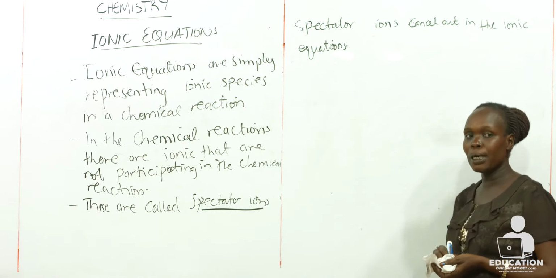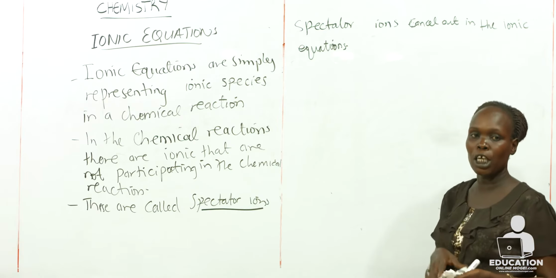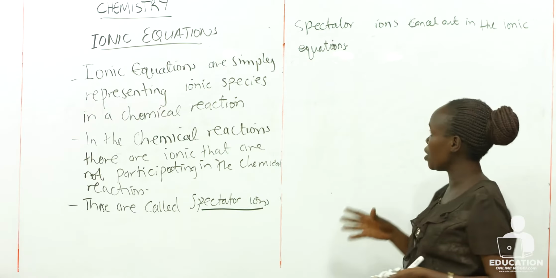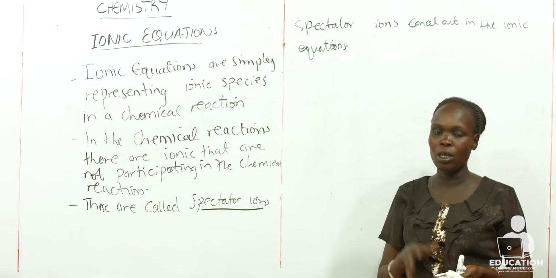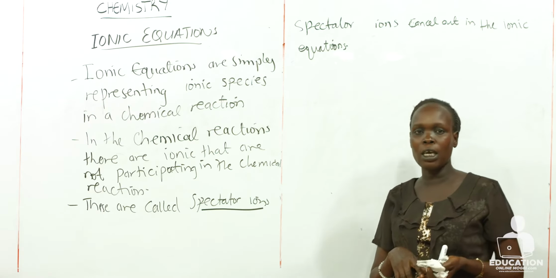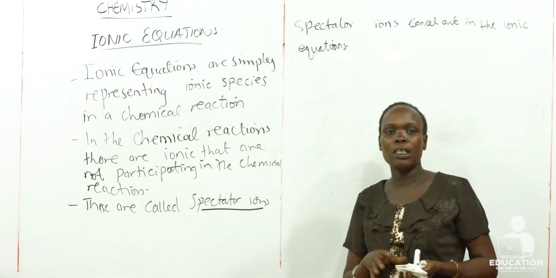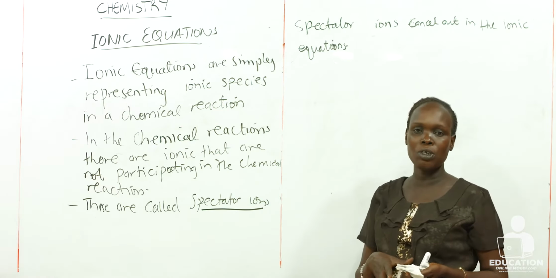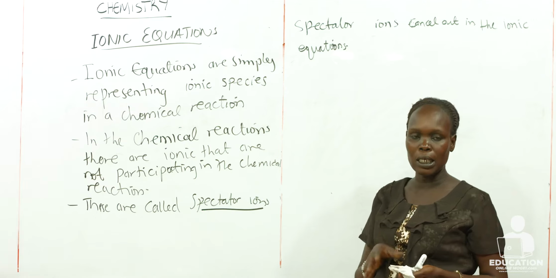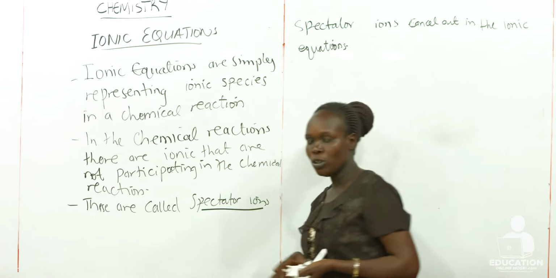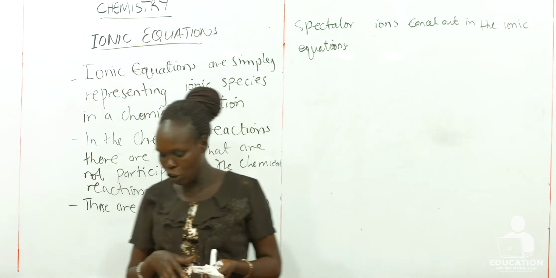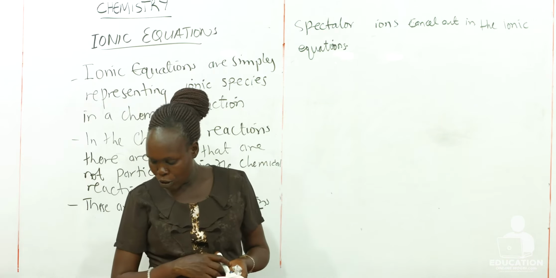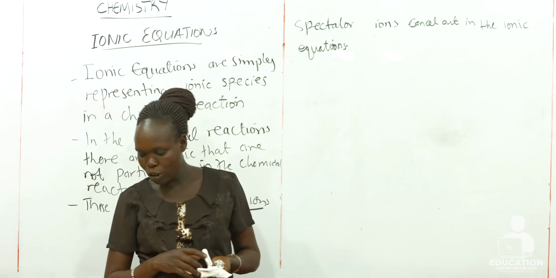They are there, but they have to cancel out in an ionic equation. When you are representing the chemical equation, we need to remember that there are spectator ions in the ionic equation, and they usually cancel out. So they are therefore not shown in the ionic equation.